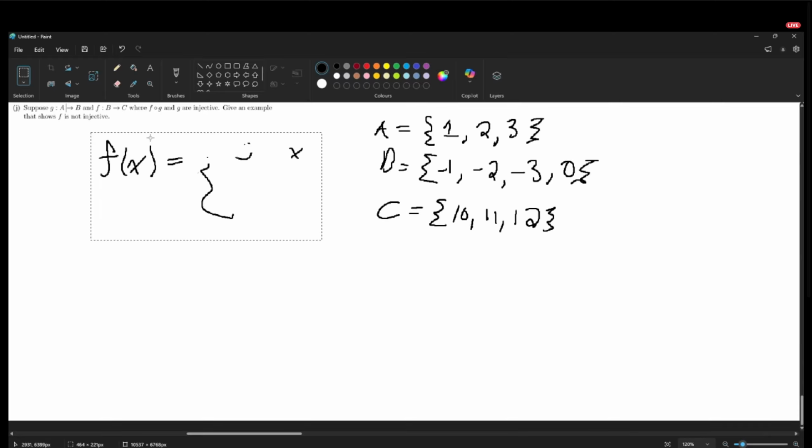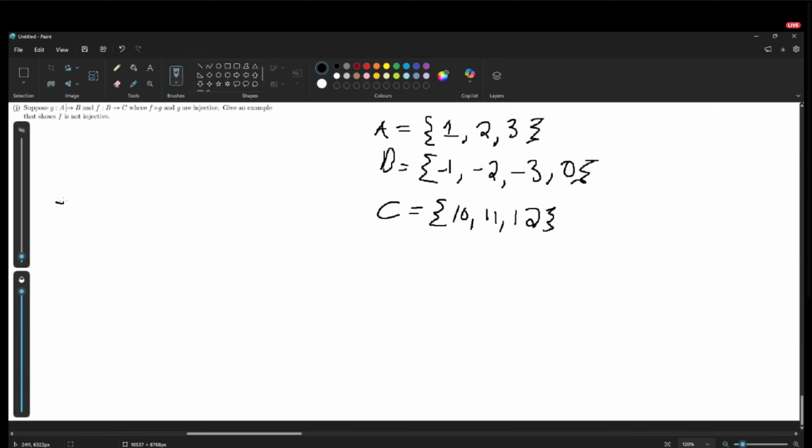For F, we could say that -1 maps to 10, and 0 maps to 10, and -2 maps to 11, and -3 maps to 12, right?